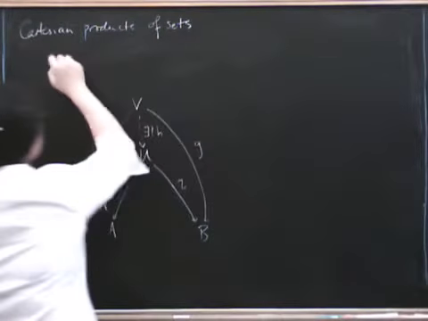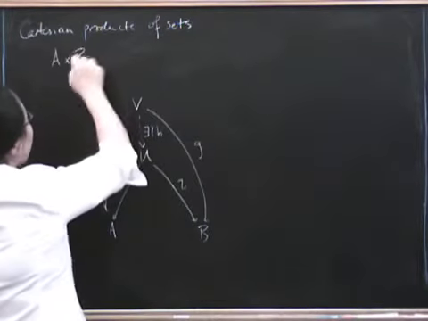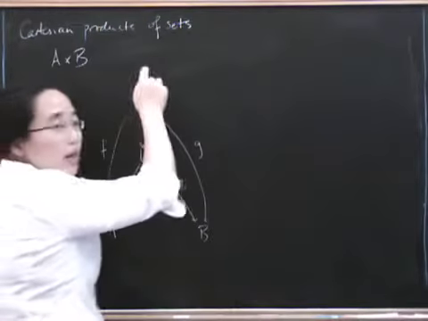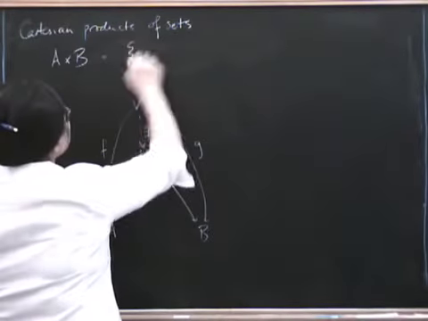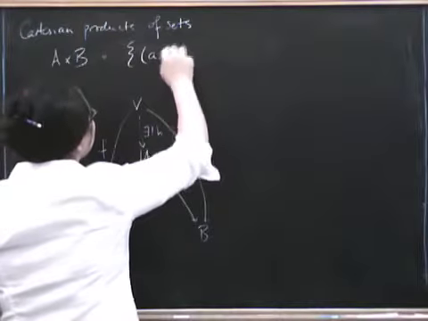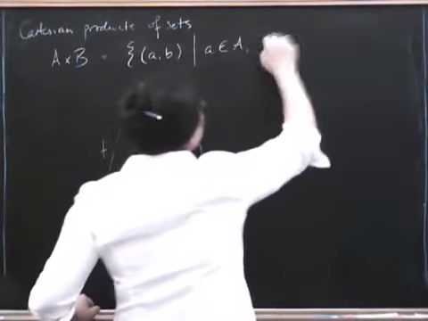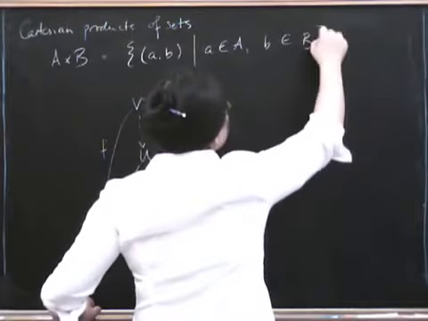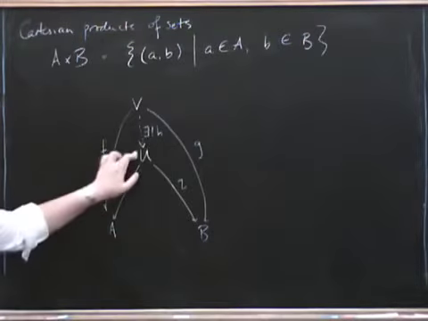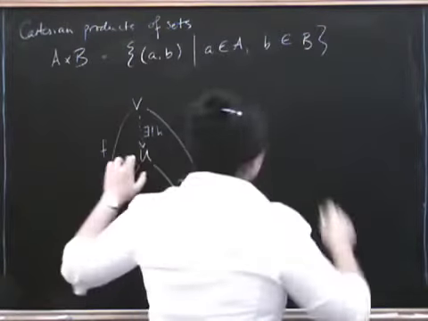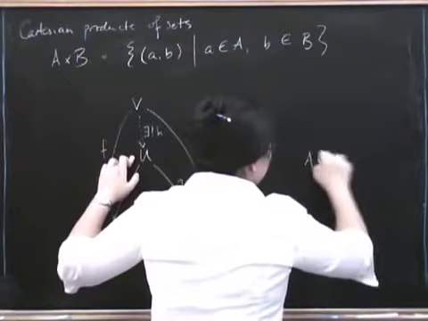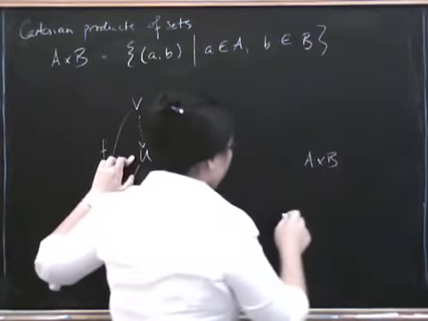So what's a Cartesian product? You can have A cross B, and it's given by the set of all ordered pairs (a, b) such that a is in A and b is in B. So let's see if this is a valid thing to put as our product here. So we're trying to say, is that a product?